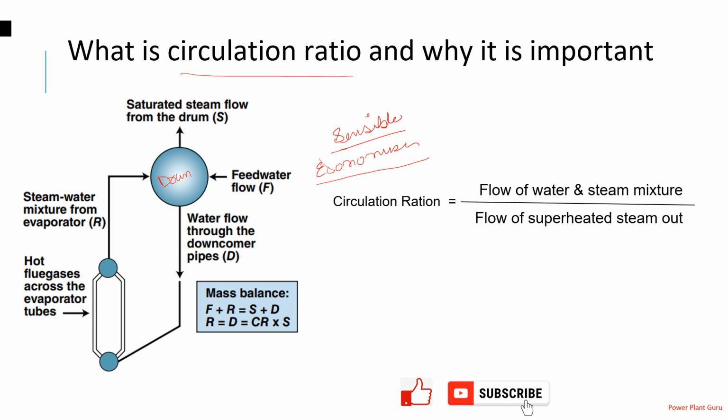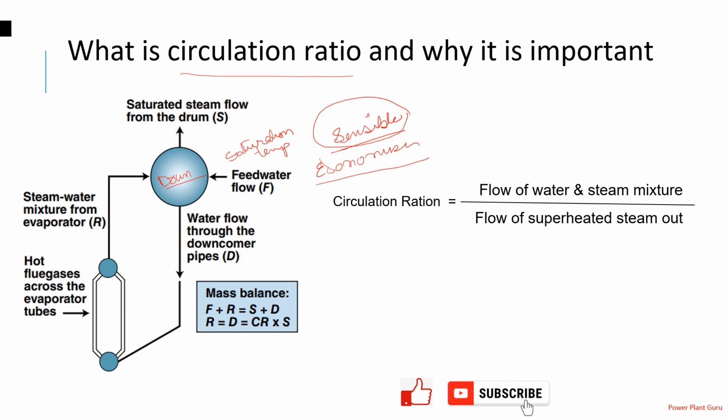So the water is just heated so that it will have only sensible heat, and while it reaches the drum, there will be some temperature close to saturation temperature. So here there will be a steam plus water mixture in the drum.